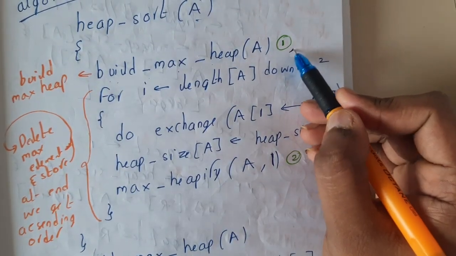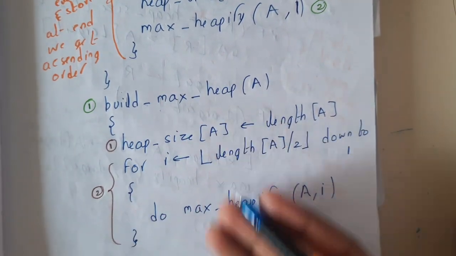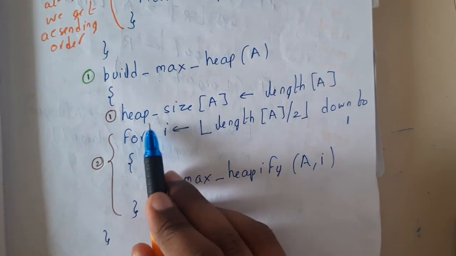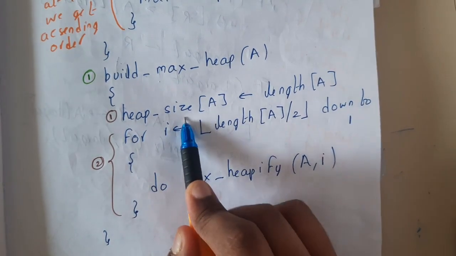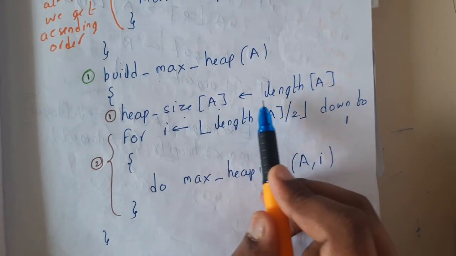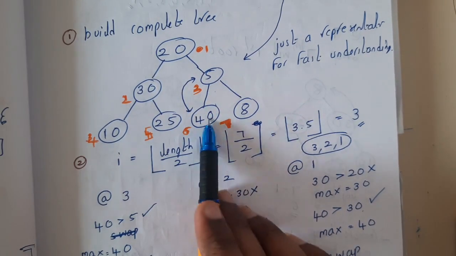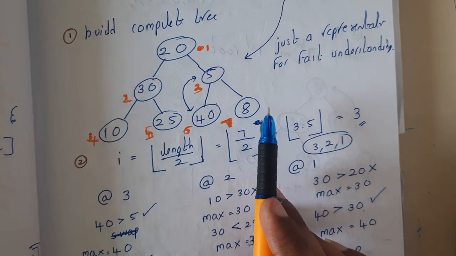I have just given numberings, guys, so that you can observe it clearly. So 1. The first step is heap_size of A equals length of A. Heap size is nothing but the number of elements inside a heap. How many elements will be inside a heap?